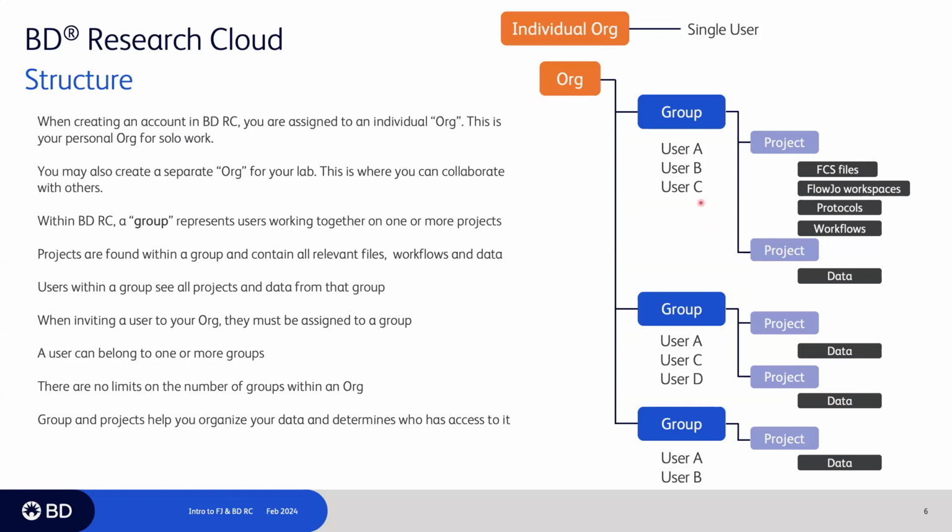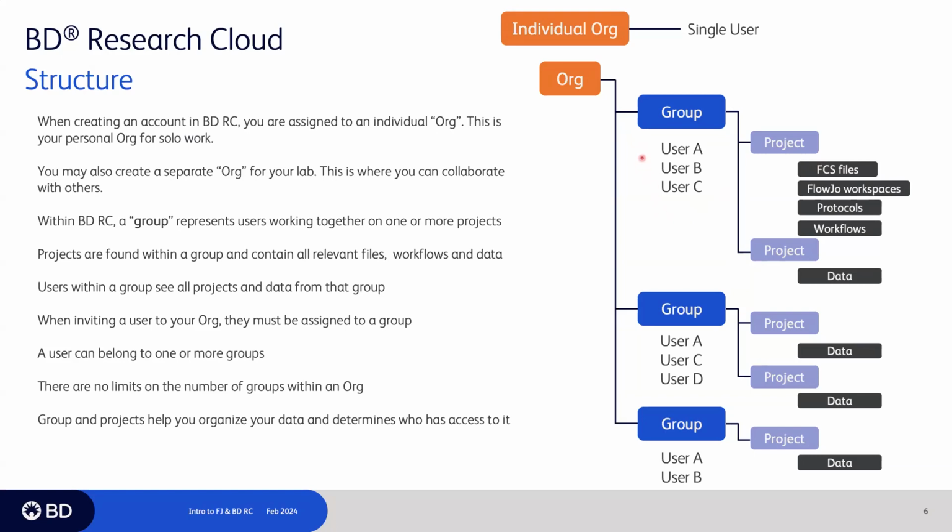And projects are found within a group, and those contain all the relevant files, workflows, and data. And users within a group can see all the projects and data from that particular group. Okay, when you invite a user to an org, you must assign them to a particular group so that they can have access to any of those projects or workflows.